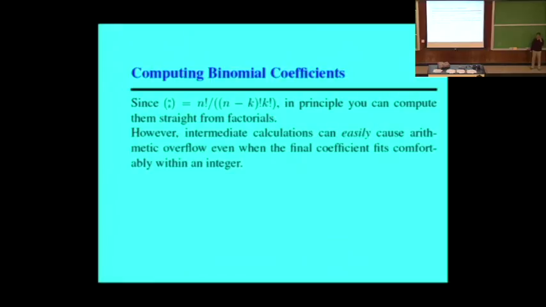Is there a better way to compute n choose k? The answer is, in high school you learned a better way. What was that? Does anyone remember? Pascal's triangle.